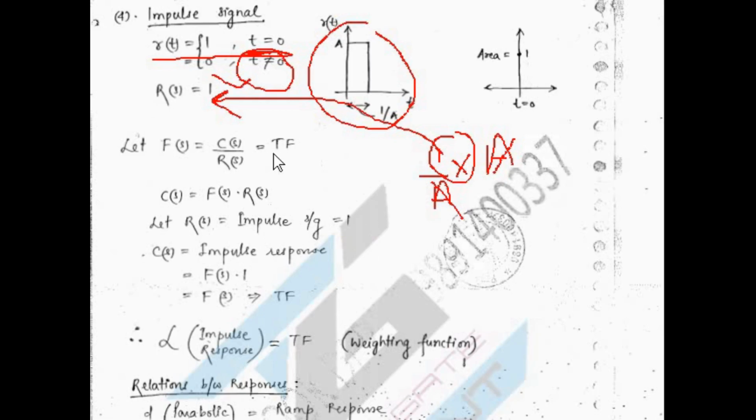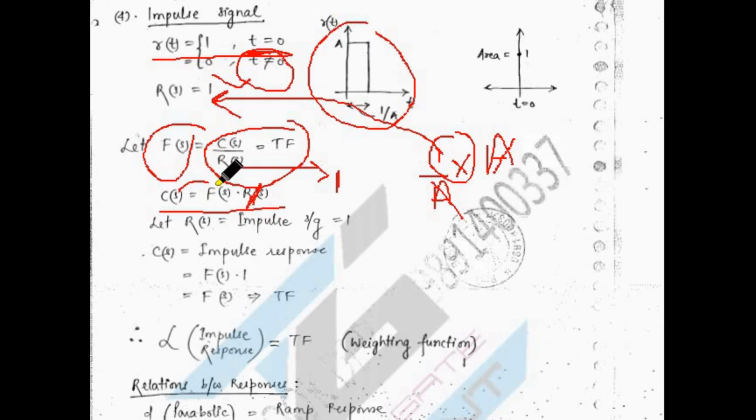In this case r of s is your impulse function, that is nothing but 1. So 1 into f of s is equal to c of s. It means that your output is a replica of your system transfer function, that is nothing but f of s.